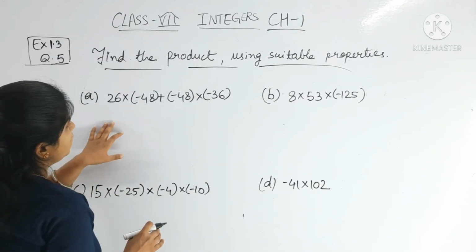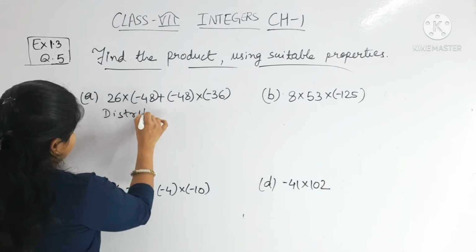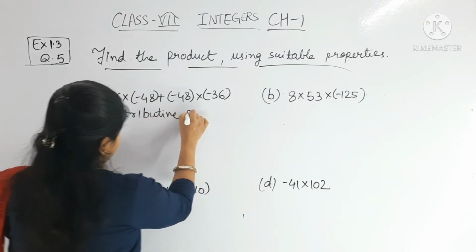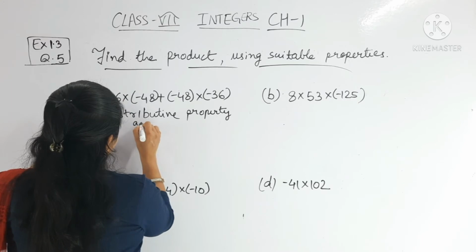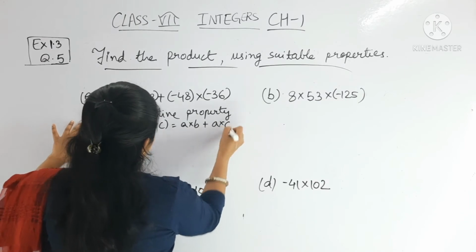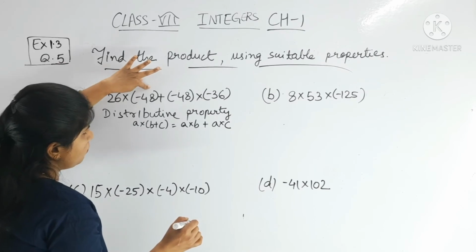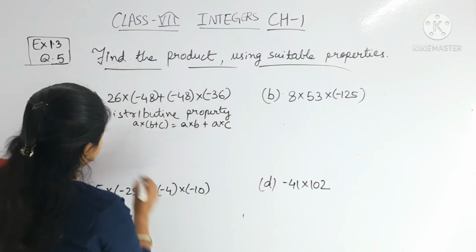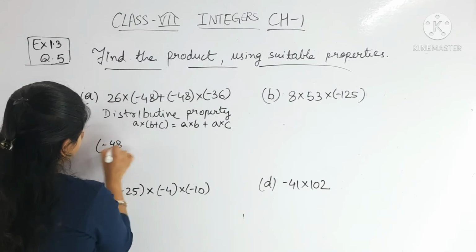So we can see that here we can use the distributive property, that is A into B plus C is equal to A into B plus A into C. Here we take common minus 48.